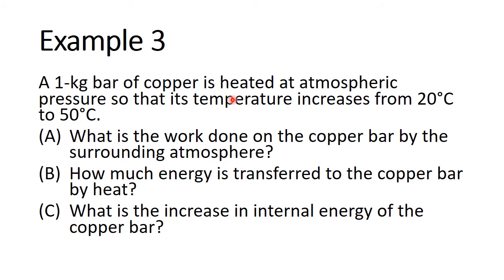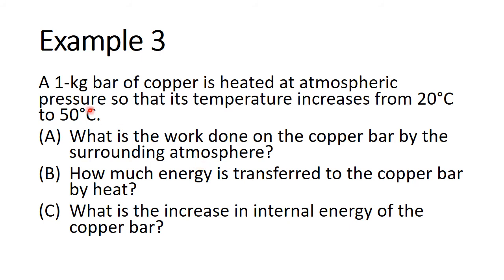Okay, that is Q. Letter A is W, letter B is Q, and letter C, that is change in internal energy or delta E, internal. As you can see dito, hindi niya sinabi yung atmospheric pressure, pero dapat alam nyo na yan that atmospheric pressure is 1.013 times 10 raised to 5 pascals or Newton per square meter.